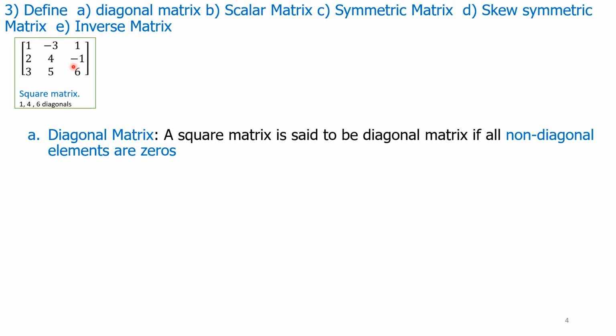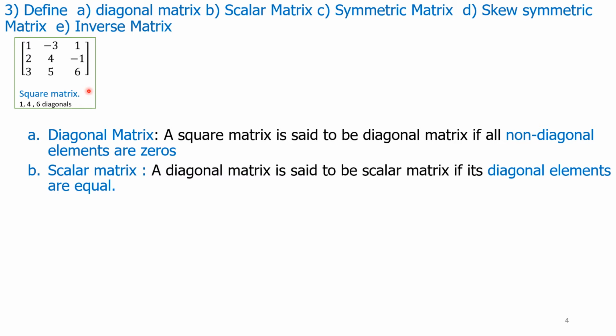This is an example of a square matrix. The number of rows is 3, and the number of columns is also 3. Hence it is a square matrix. The elements 1, 4, 6 are called diagonal elements. But here the diagonal elements are not 0. It is just an example of a square matrix.